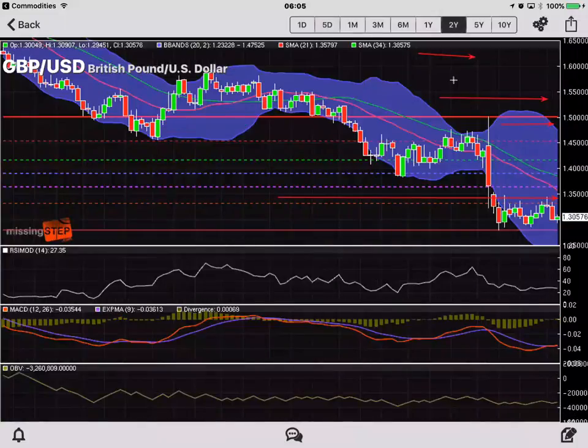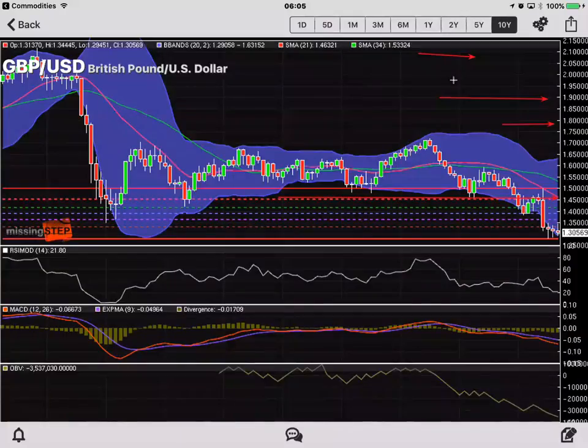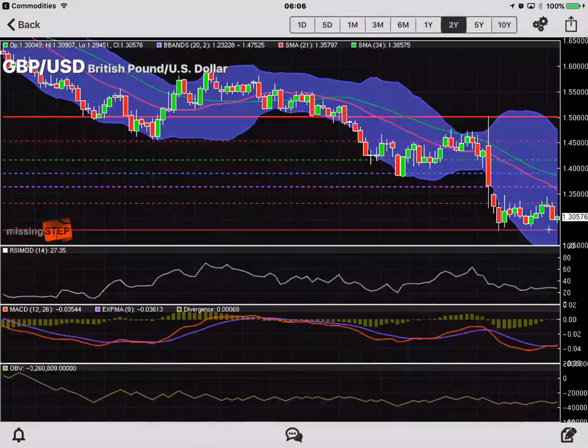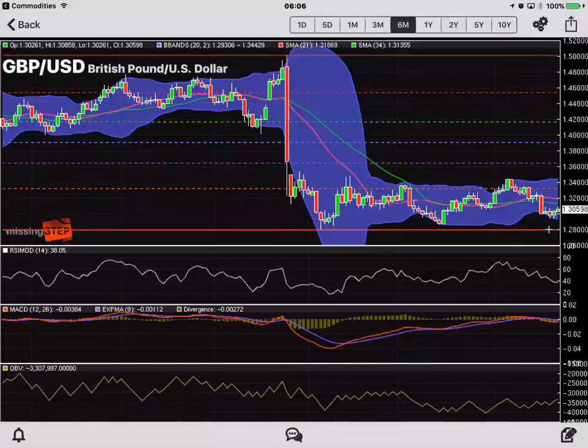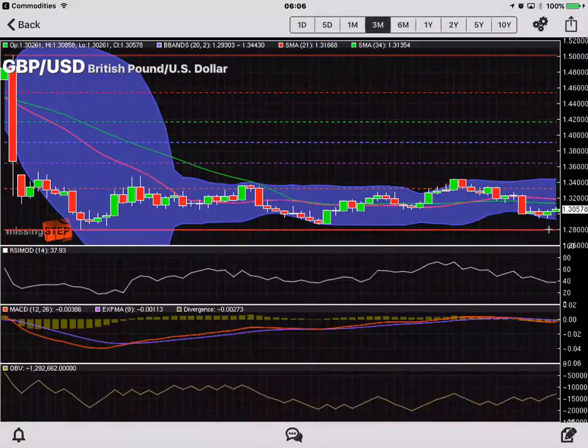British pound, I like this on the long side just due to the fact that the commitment of traders report, they have been clearing up some of the shorts. I still keep hearing talk about 120, which is fine, but working back the other way. 300-point range approximately or so.